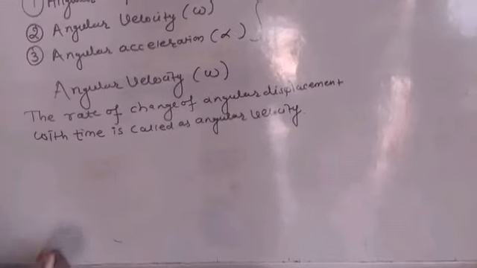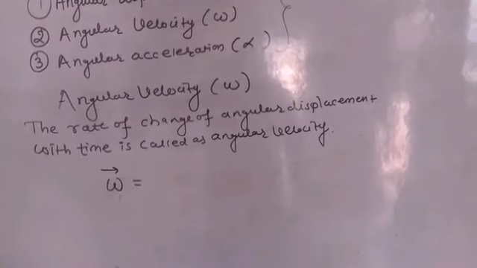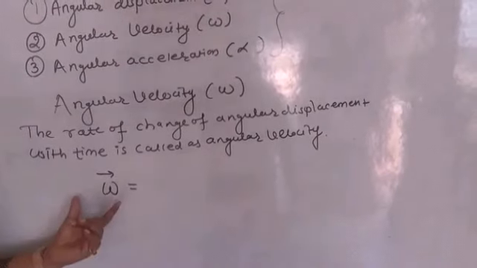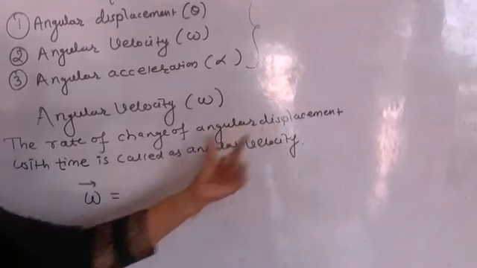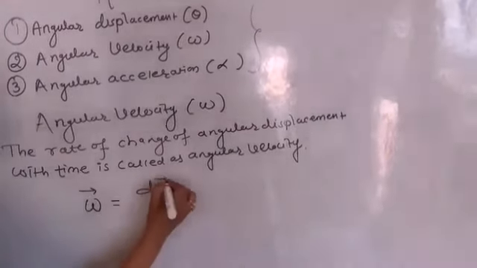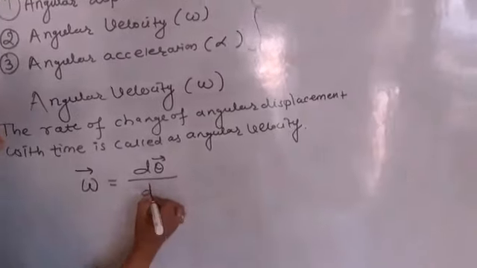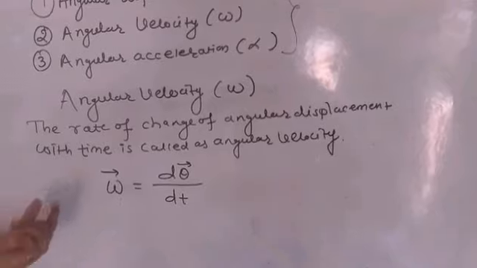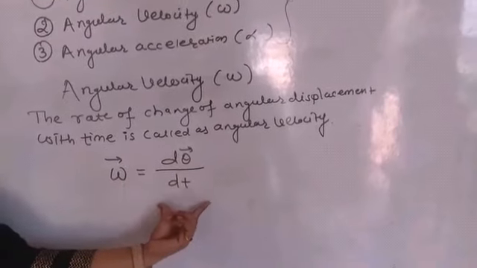So, angular velocity vector omega is equal to the rate of change of angular displacement, that is d theta, with time, that is dt. So, vector omega equals d theta upon dt.